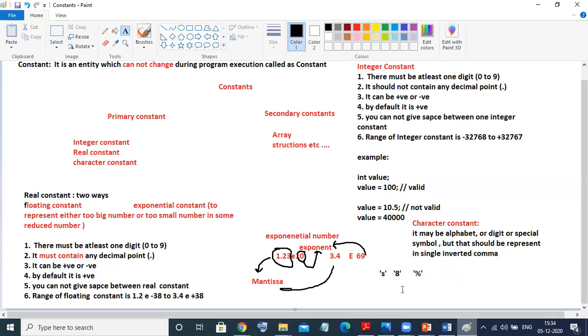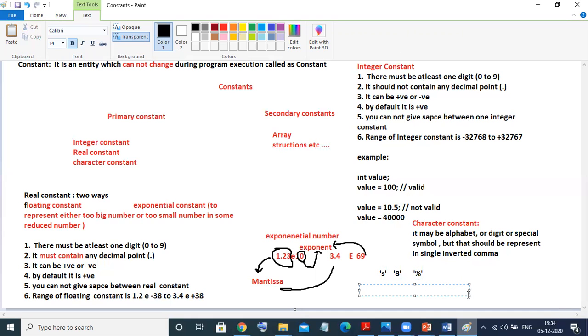And very important, always remember carefully, the length of a character constant is 1. A character constant can hold only one character at a time. So we'll see all these constants practically when we come to the data types part.